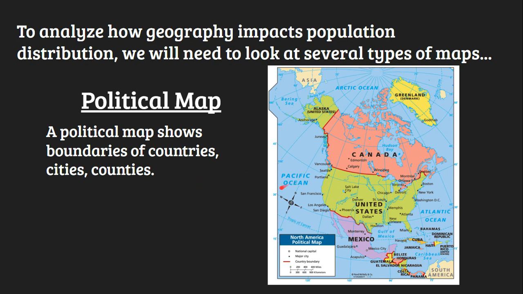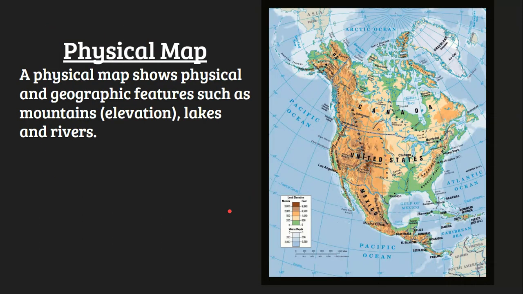For example, this is the North America political map, and you can see the countries of Canada, United States, Mexico, and some other countries as well. You can see the borders between them. And on this map, you can also see some major cities in each of these countries.